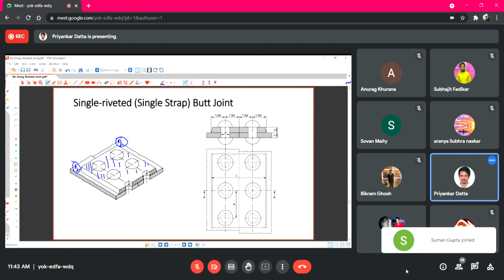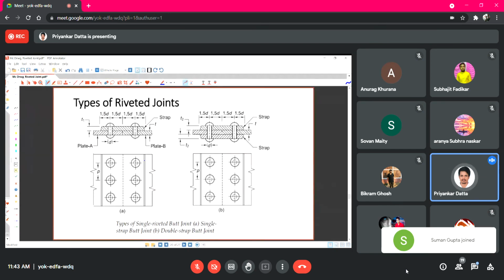Now, one interesting thing is, in case of single lap joint, we saw that only one row was sufficient to fix two plates.